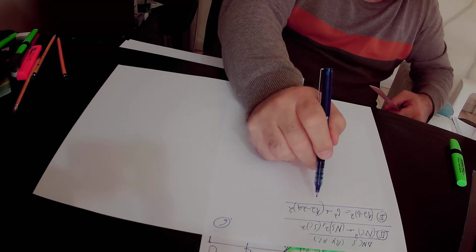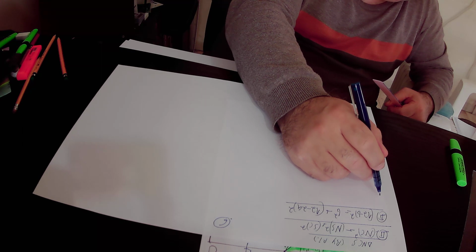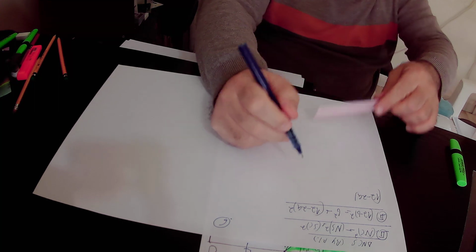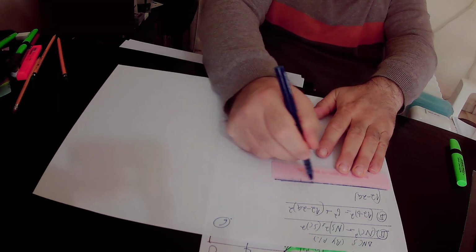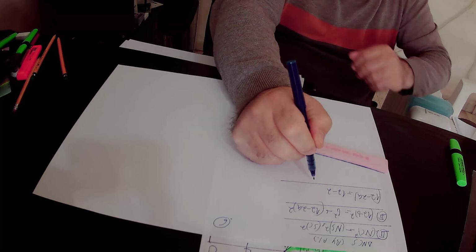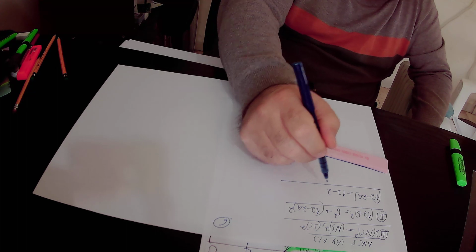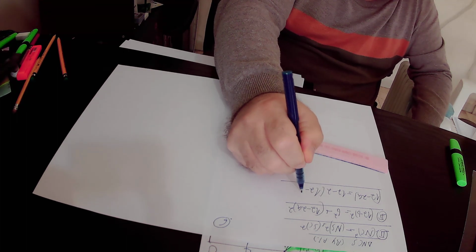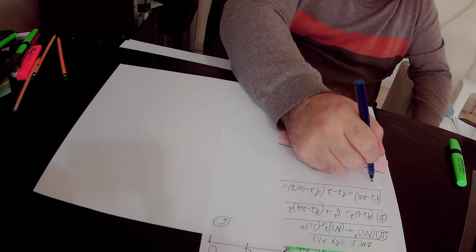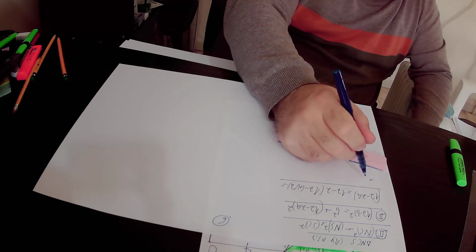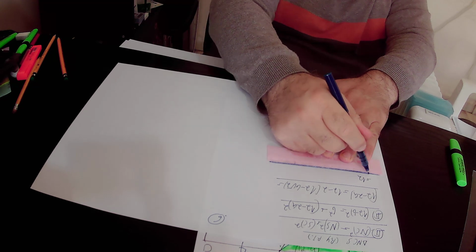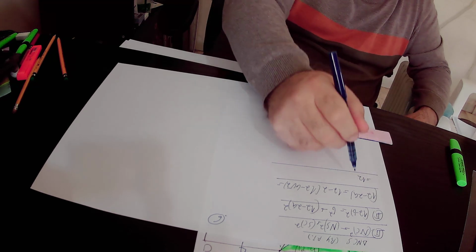We'll find out the value of the expression 12 minus 2a. The value of 12 minus 2a will be equal to 12 minus 2 times a, but we have already found out that a is equal to 12 minus 6 times square root of 2. So actually, here we have 12 minus 2 times 12, which is minus 24.